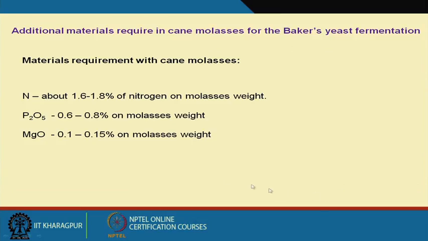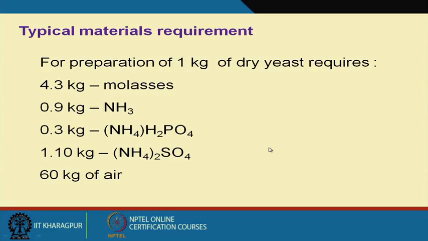So, it has been observed that the additional material required for the molasses fermentation is: nitrogen 1.6 to 1.8% on molasses weight, phosphorus P2O5 0.6 to 0.8% on molasses weight, and MgO 0.1 to 0.15% on molasses weight. So, this is the requirement we have calculated.